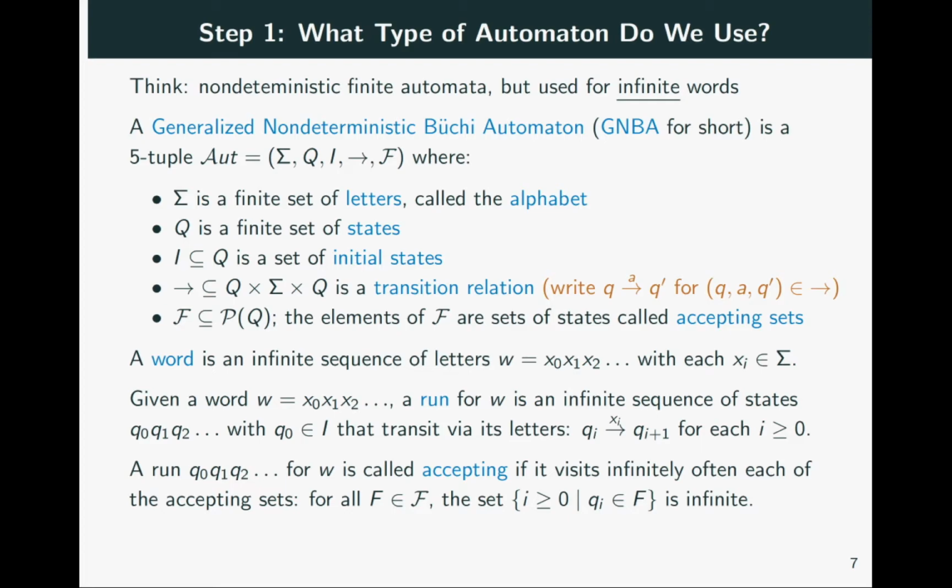Moreover, a run q0, q1, q2, and so on is said to be accepting if it visits infinitely often all the accepting sets. More precisely, for all F in calligraphic F, we have that the set of time points i whose corresponding state qi is in F is infinite. So this set is infinite. And the word is said to be accepted by the automaton 𝒯 if there is an accepting run for it in 𝒯.